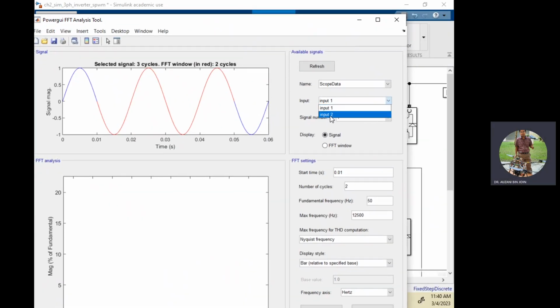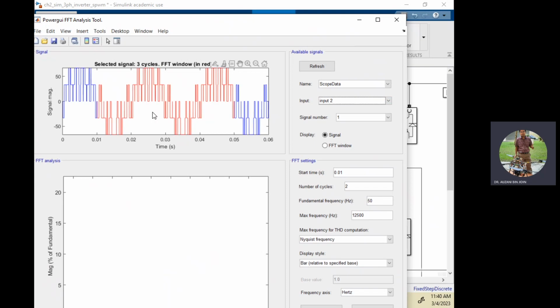Then you can choose the waveform and the phase voltage, because we want to plot the frequency spectrum of the phase voltage. I just analyze 2 cycles, starting from 0.01 second. So that's why I set the start time as 0.01 second for 2 cycles.